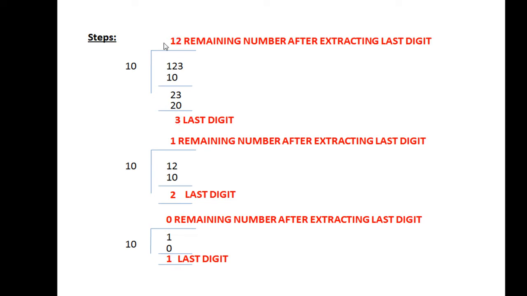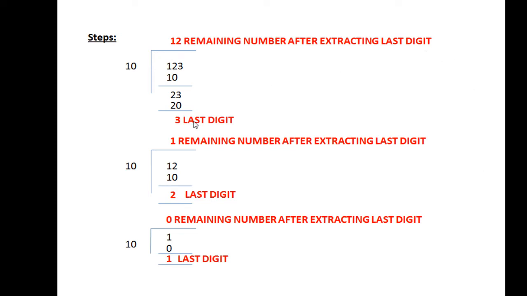Now with this quotient you will work again, because you have to work till the number turns 0. 12 divided by 10. 10 ones are 10, 2 is the remainder. So you see 12, the last digit is 2. So if you do 12 mod 10, the last digit will come out.